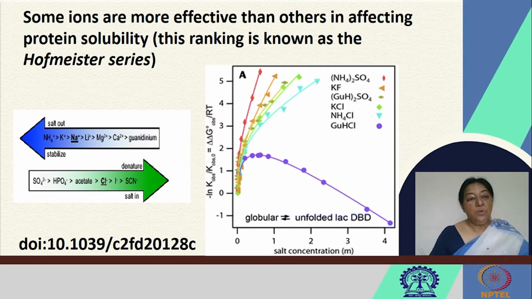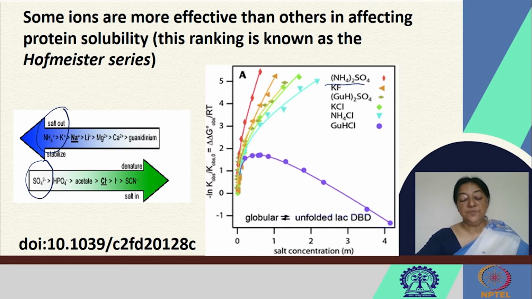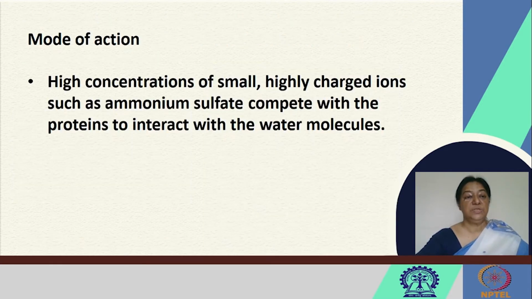In the salting out method, there are some ions that are more effective than others in bringing about this protein solubility difference. When we want to bring about a salting out, we can see ammonium here and sulfate here that are most effective in salting out a protein, which is very commonly used for the salting out of proteins from a mixture of proteins.